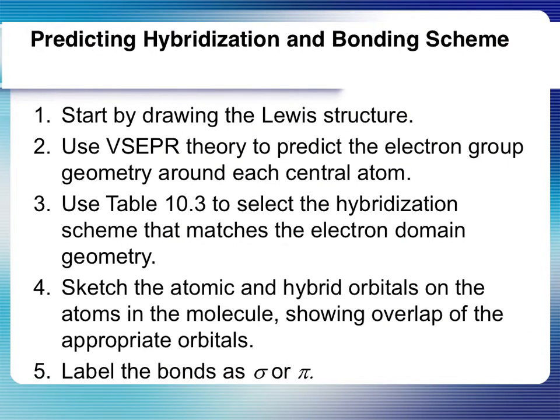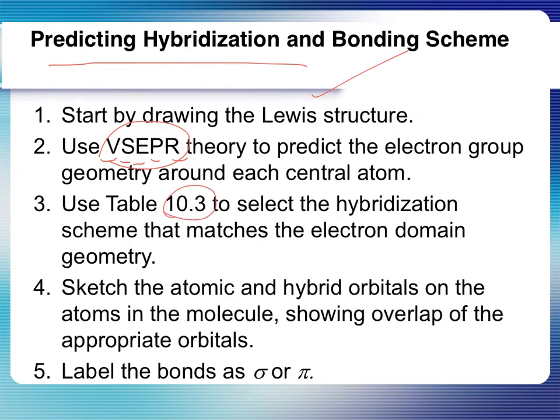All right, so just a summary of the steps you have to go through if you have to figure out hybridization. You start by drawing a Lewis structure, so if you didn't already have lots of practice drawing Lewis structures of molecules, you better start now. Use VSEPR theory to predict the geometry. Remember, that stands for valence shell electron pair repulsion. That simply says valence electrons try to get as far away from each other as possible, and that's what determines the geometry of a molecule.